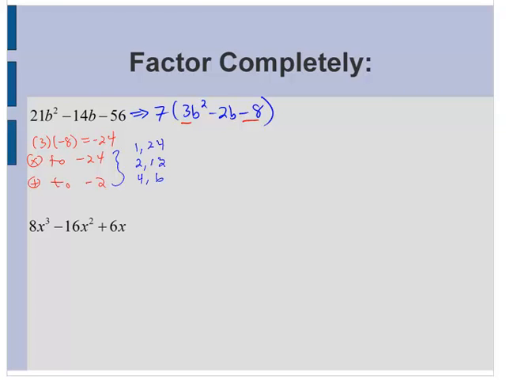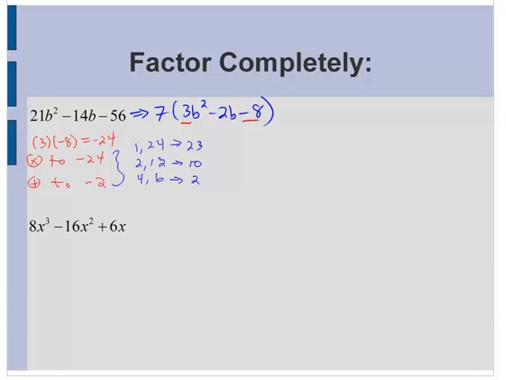And we need different signs, so we take a difference. So 1 and 24 have a difference of 23. 2 and 12 have a difference of 10. 4 and 6 have a difference of 2. That's the pair that we want.